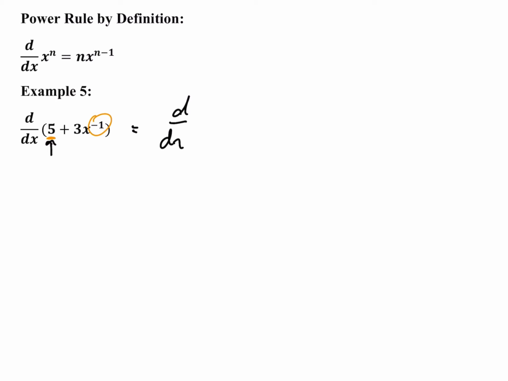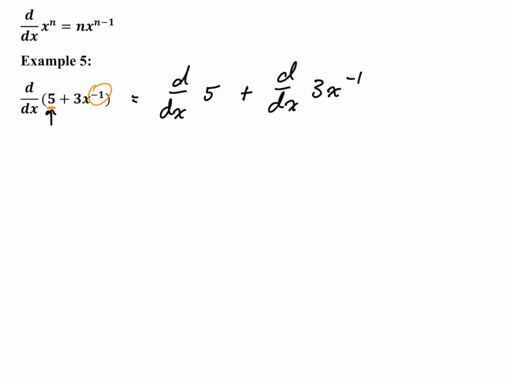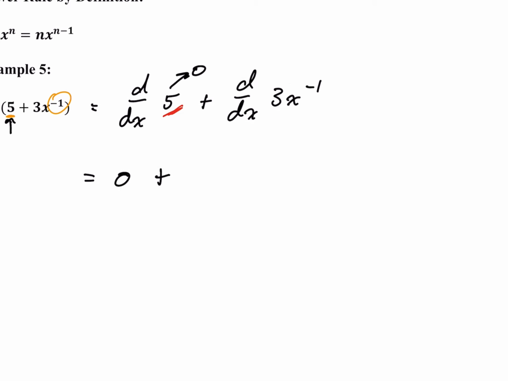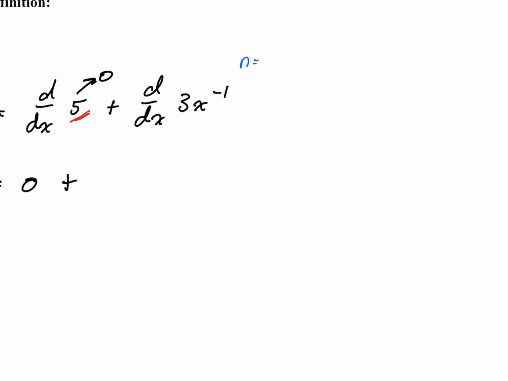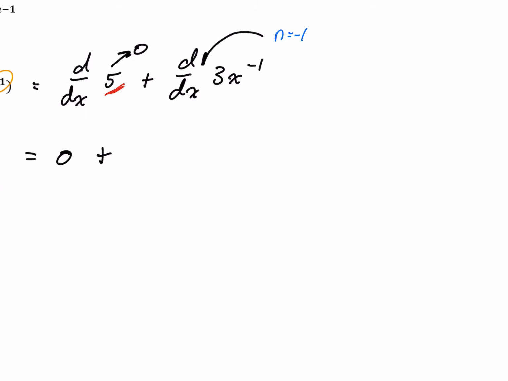d over dx of 5 plus d over dx of 3x to the negative 1. So when you take the derivative of this, since there is no x term here with the 5, this will actually go to 0. All right, so we're going to get 0 plus, over here, you see n is equal to negative 1. Once again, we're going to bring n down to the front.